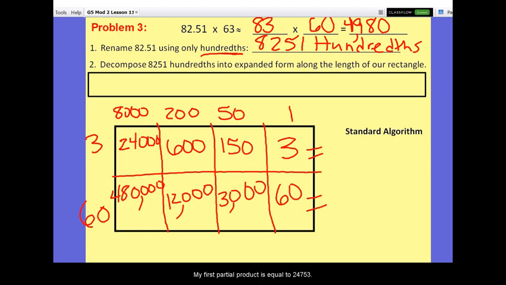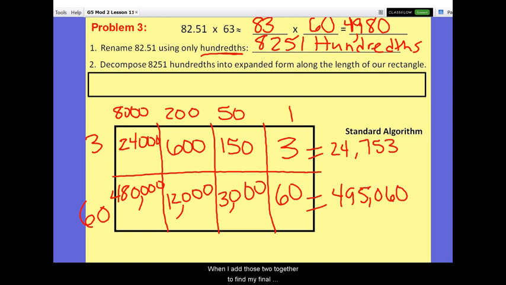My first partial product is equal to 24,753. And then when I add up my second partial product, that will equal 495,060.